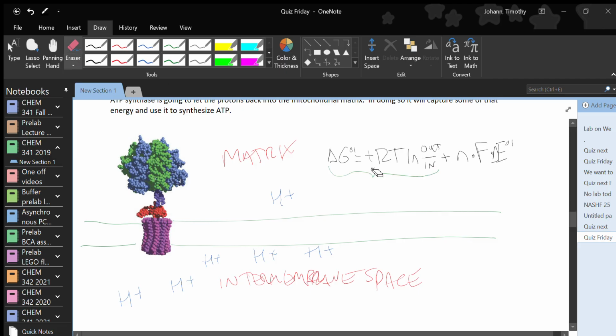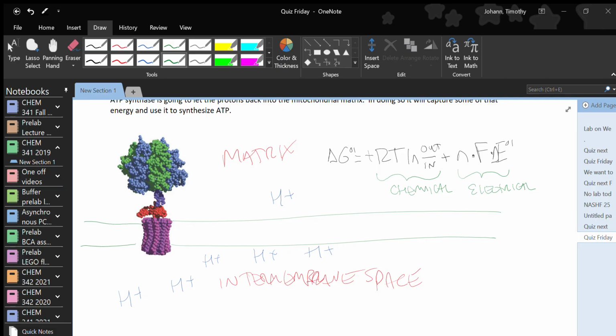Oops, not the whole thing there. So we could think about this as chemical, so chemical gradient, and we could think about this as electrical. And so you don't need to know this, but I'm just telling you because I think it's fun.